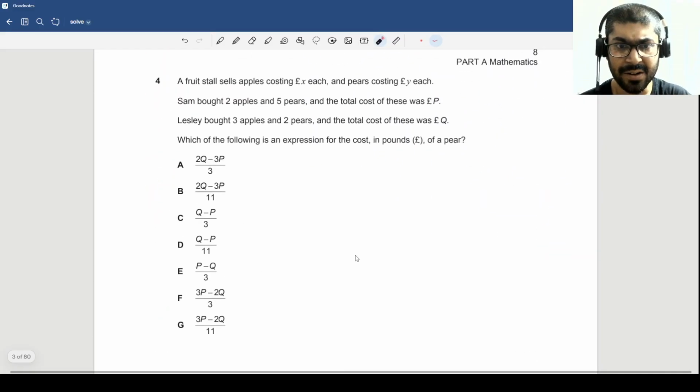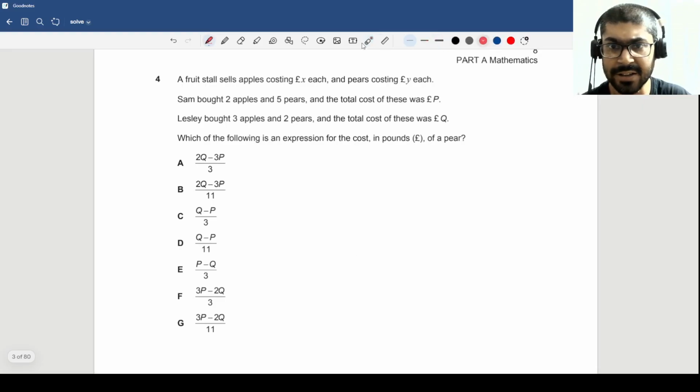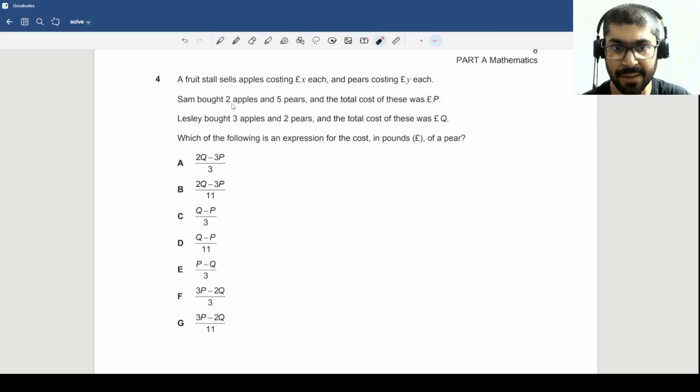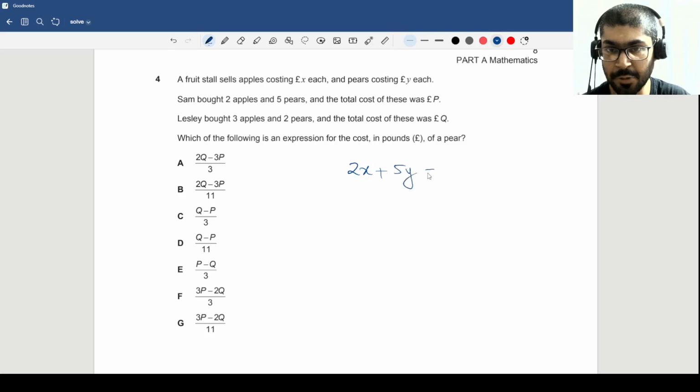What do we have here? A fruit stall sells apples costing x pound each and pears costing y pounds each. Sam bought 2 apples 5 pears, so 2 apples, that means 2x plus 5y is equal to p. Leslie bought 3 apples, 3x, and 2 pears, 2y is equal to q.